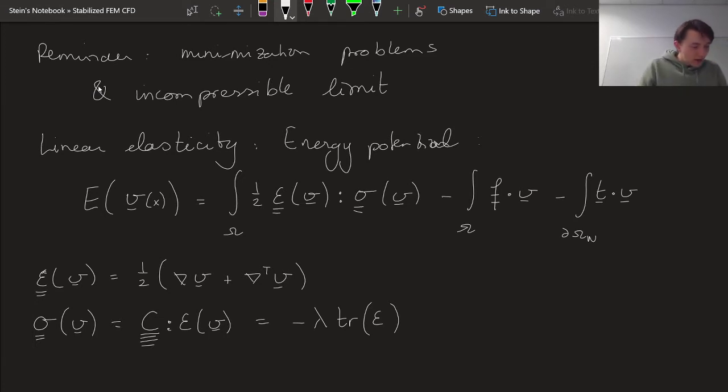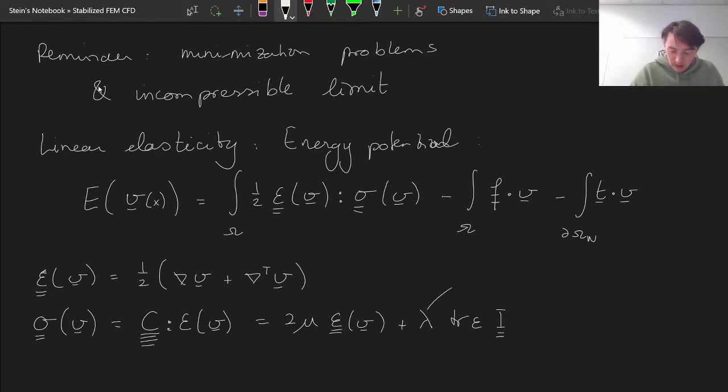So it's 2 times mu times epsilon of v plus lambda times the trace of epsilon times the identity tensor.